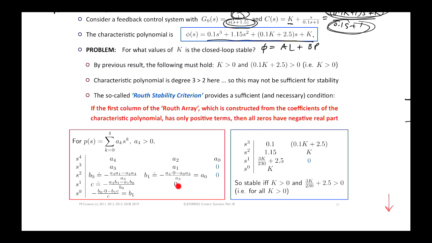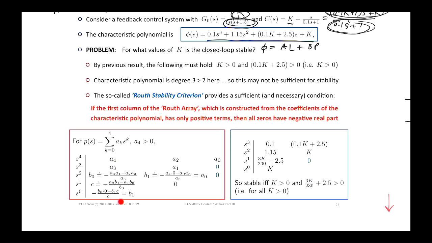But we end up with 0 here because the matrix we have to take a determinant of has this as the first column and this as the second column. And of course, if you've got a column of zeros, the determinant is 0. And you keep going. This guy here is minus 1 divided by the pivot, and on the top we have this times this minus this times this. So that's just an algorithm for constructing this array.